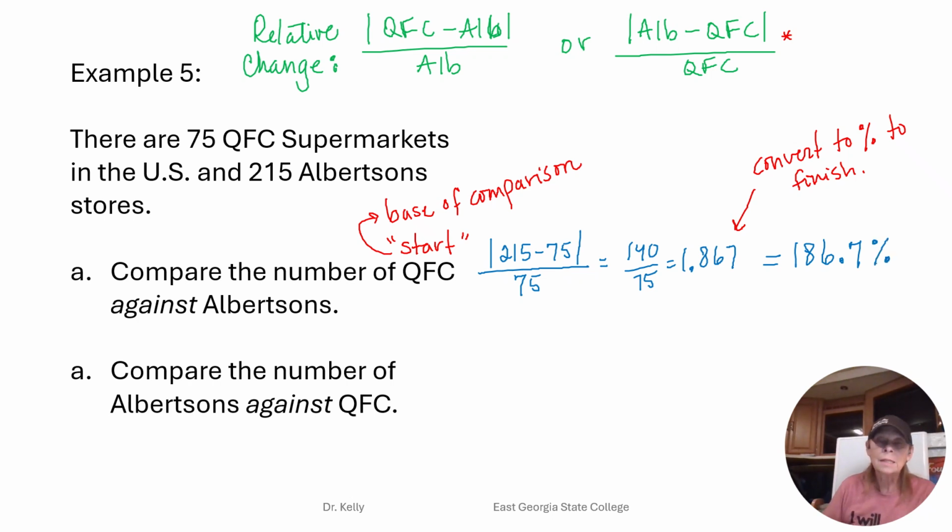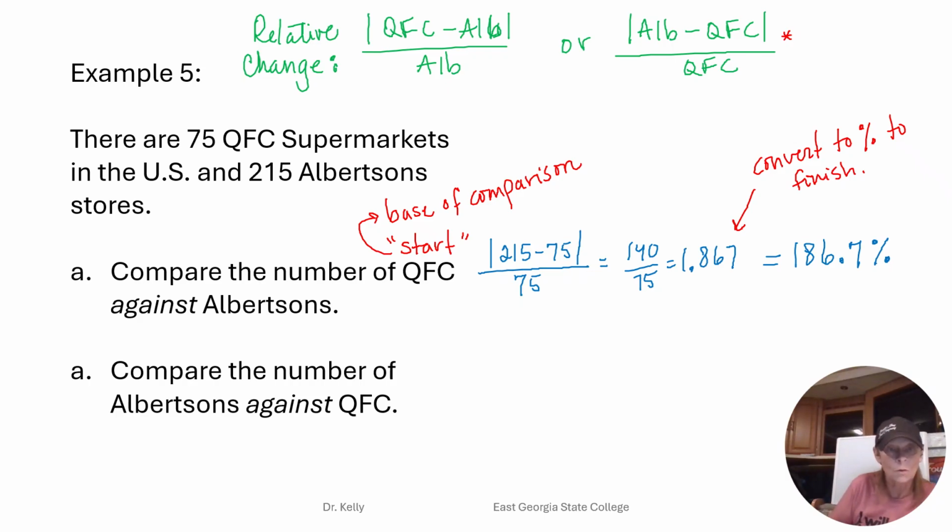186.7%. And so what can we say here in the comparison against Albertsons is we could definitely say that Albertsons is 186.7% larger.